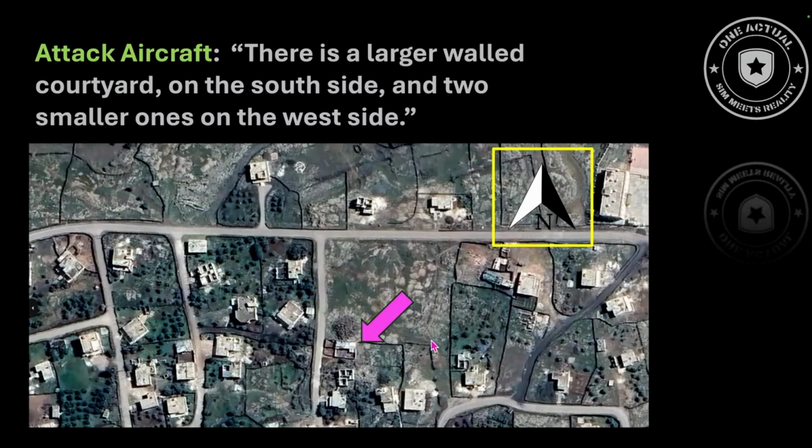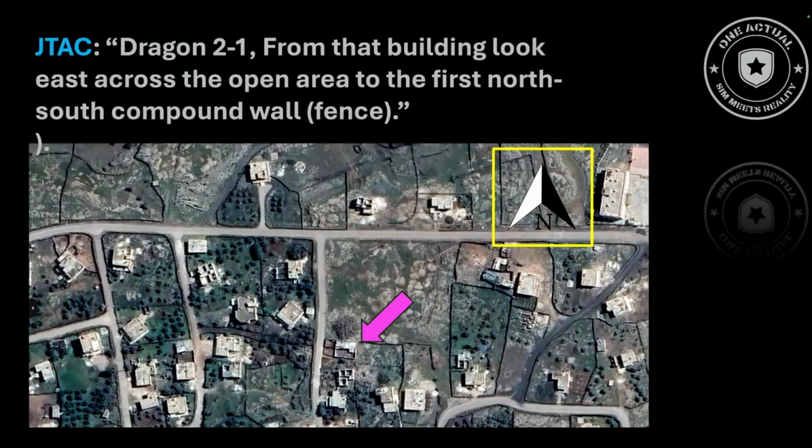So does anybody see how this can help correlate between some of the other buildings and how this is related to the position of the courtyard and the building itself? From here, now the JTAC wants us to go somewhere else. So Dragon 2-1 from that building, look east across the open area to the first north-south compound wall.